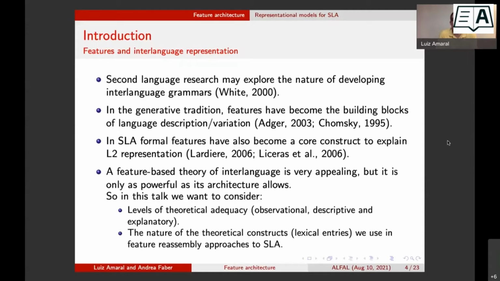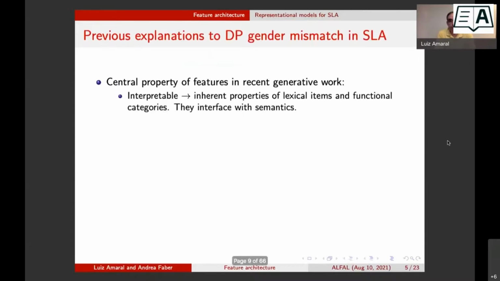So in this talk, we want to consider some levels of theoretical adequacy in terms of observational, descriptive, and explanatory adequacy, and the nature of the theoretical construct within lexical entries. Okay, so that we can use a feature reassembly approach to second language acquisition.